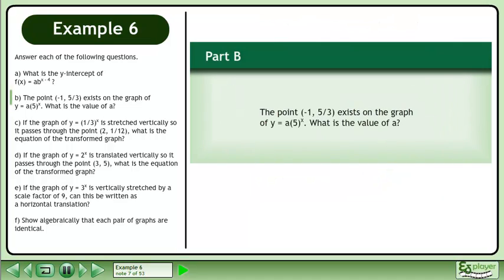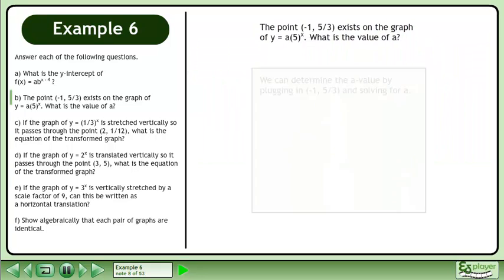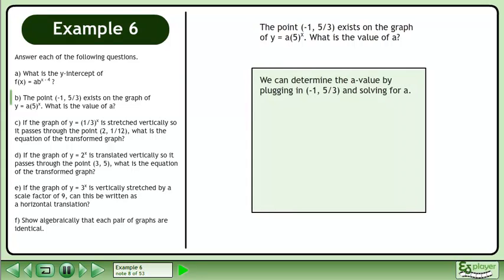Now we'll move on to part B. The point negative 1, 5 over 3 exists on the graph of y equals a times 5 to the x. What is the value of a? We can determine the a value by plugging in negative 1, 5 over 3 and solving for a. Rewrite y equals a times 5 to the x.